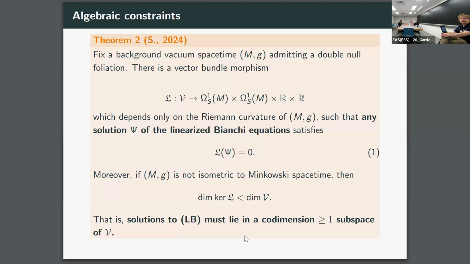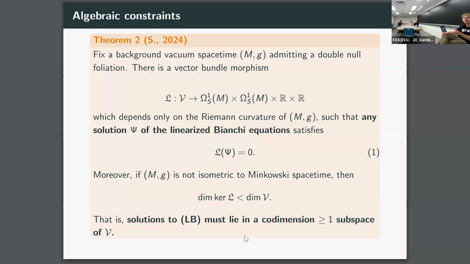And why is that interesting? Well, if you go back to Minkowski stability, when Christodoulou and Klainerman were working on this in the 90s, they have this first paper on the linear field equations that they call the spin-2 field equations, which are essentially what I've written here, the linearized Bianchi equations on Minkowski spacetime.